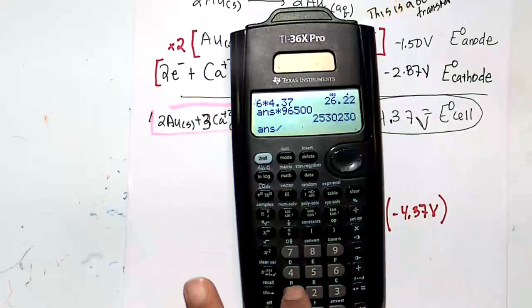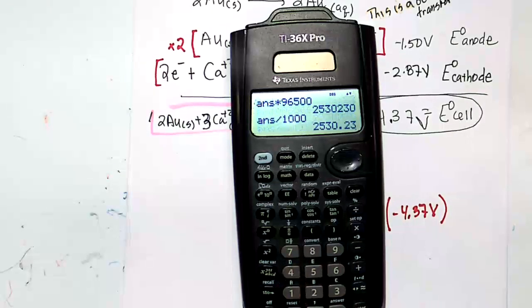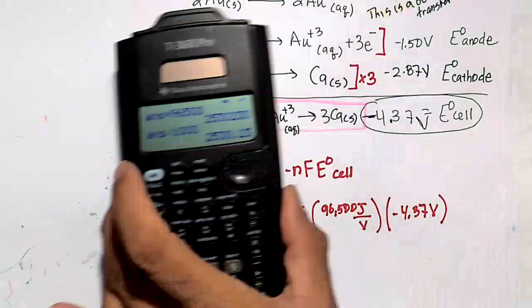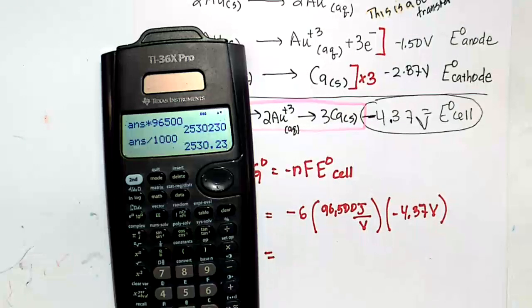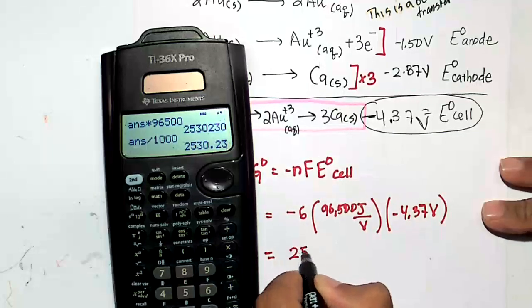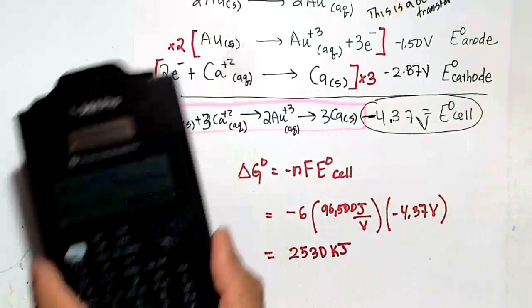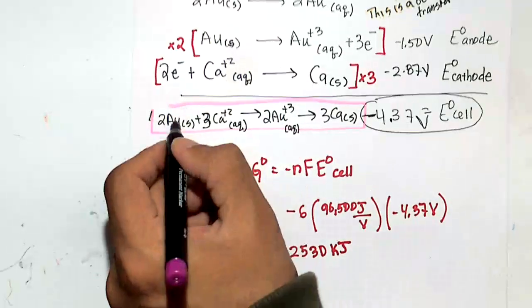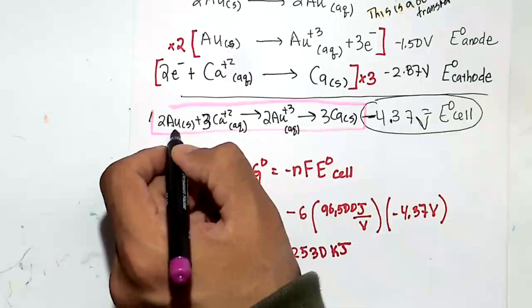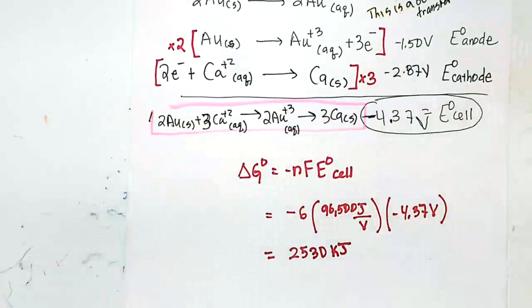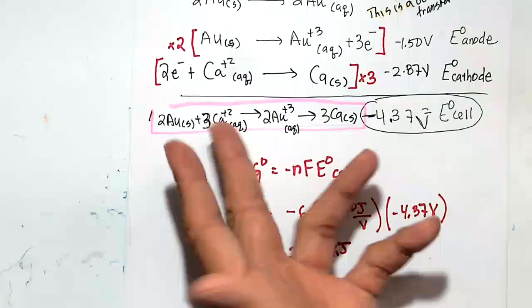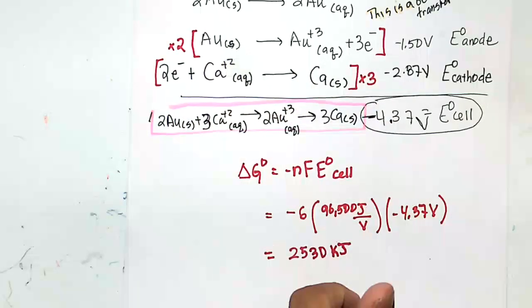I'm going to divide it by 1,000. 2530 kilojoules. So yeah, this Au, which is gold, and calcium don't make a good battery. Okay, unless you flip it. If you flip it, it's positive 4.37 volts.